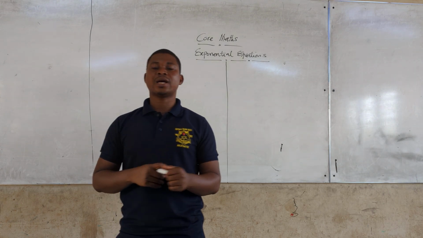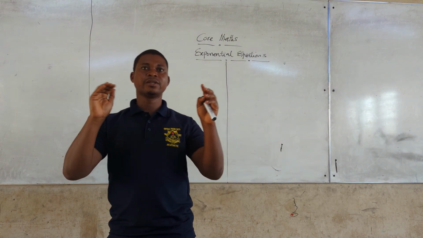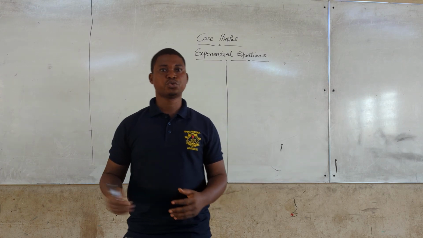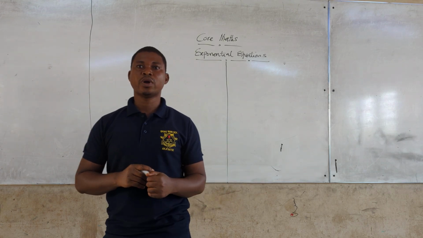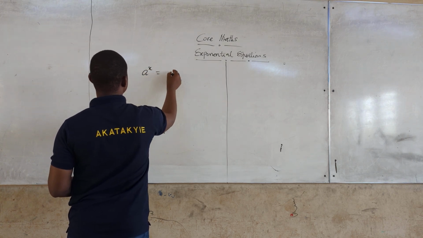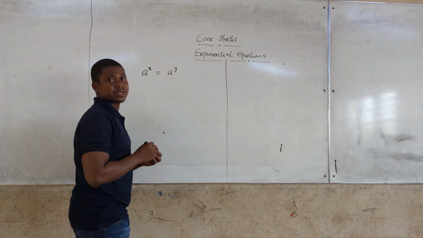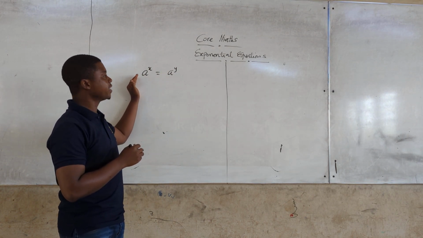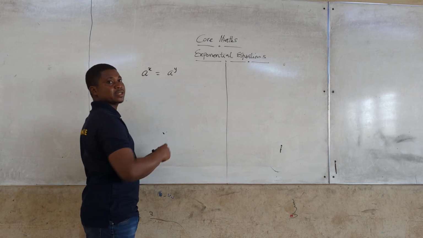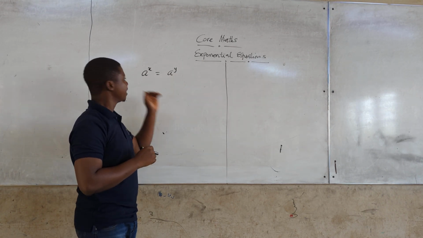When you look at an equation, it means there is an equal sign, which means that the left-hand side should be equal to the right-hand side. So when you have something like a to the power x equals a to the power y, since the base on the left-hand side is a, and the base on the right-hand side is a, the powers should also be the same because it's equal.